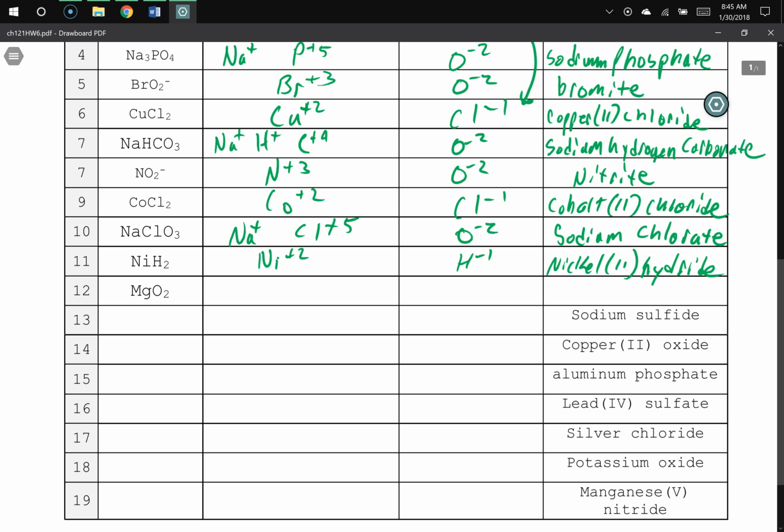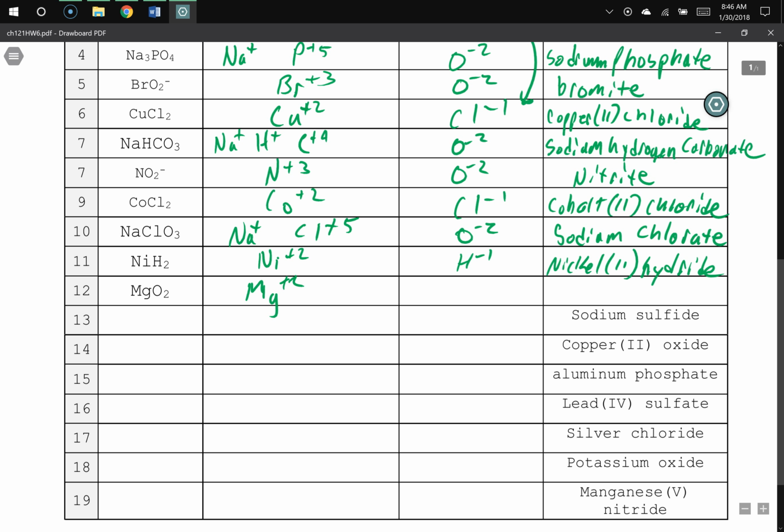So the last one here, this one's tricky. There's a magnesium. So the magnesium's charge is what? The magnesium's charge is +2 because it's in column number 2 and there aren't any exceptions to that rule.